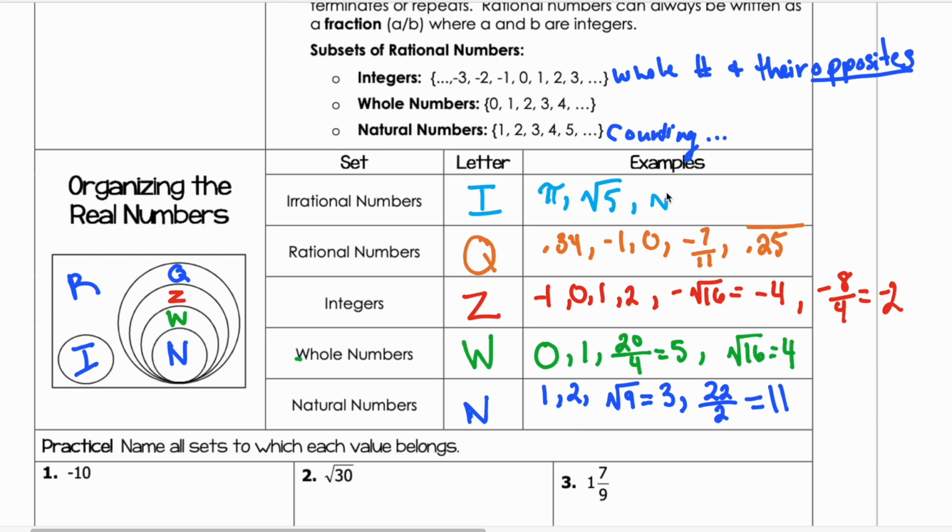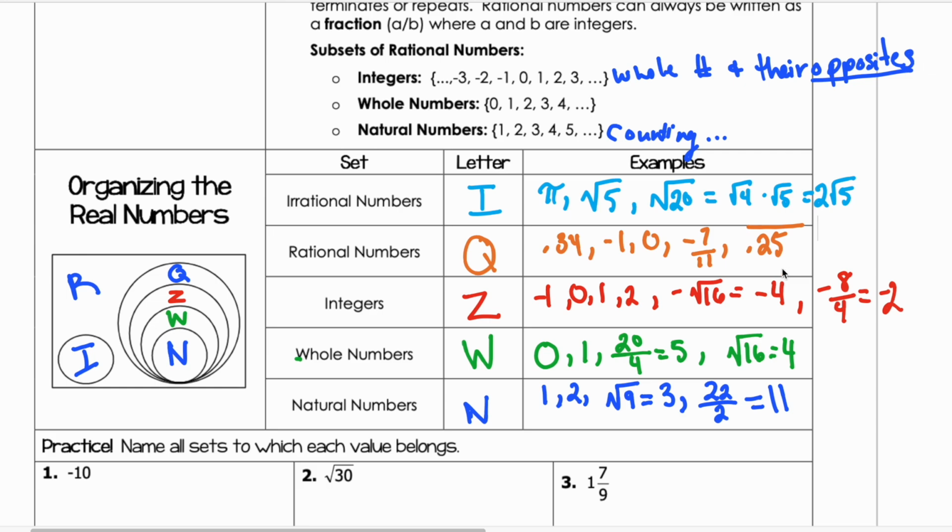You might have the square root of, let's say, 20. Yes, we can simplify that to the square root of 4 times the square root of 5, and then the square root of 4 simplifies to 2. So we would have 2 times the square root of 5, but we're still left with something we cannot simplify, something in the radical, so it is not rational.